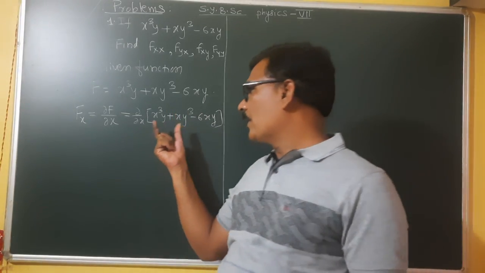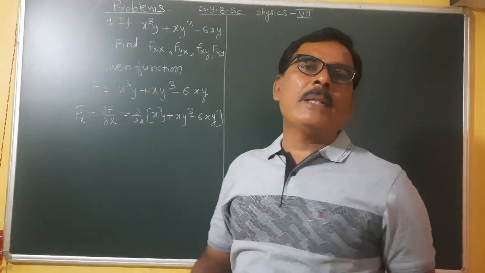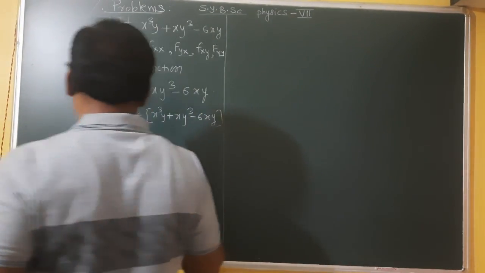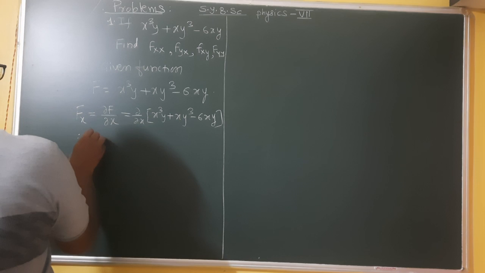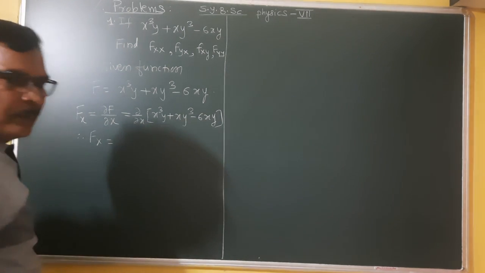The derivative we have to take in first order, that is fx, means the given function is differentiated with respect to x. What is the derivative here? First of all we differentiate with respect to x.